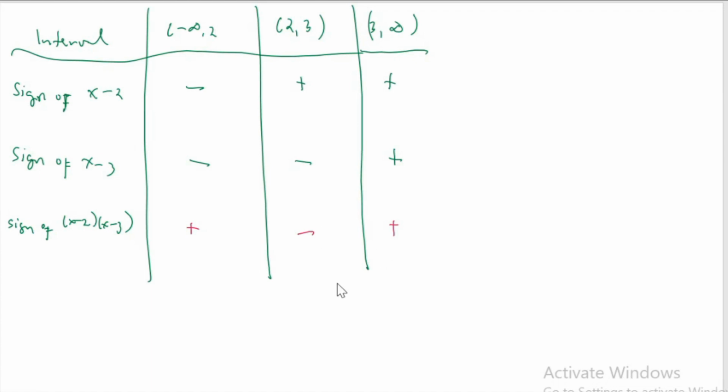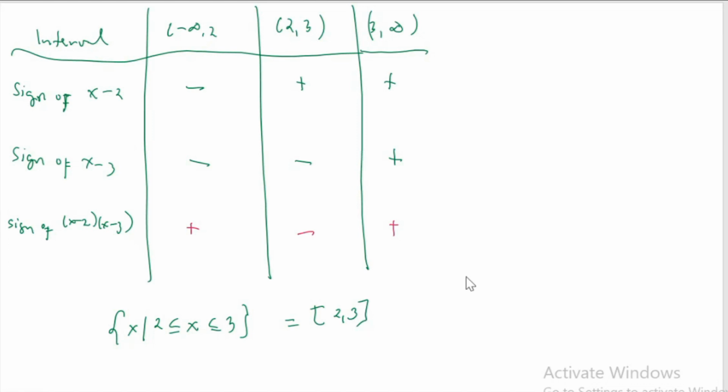So you can check that the endpoints 2 and 3 satisfy the inequality. So the solution set is x such that x is greater than or equal to 2 and x is less than or equal to 3, which is equivalent to the closed interval from 2 to 3.